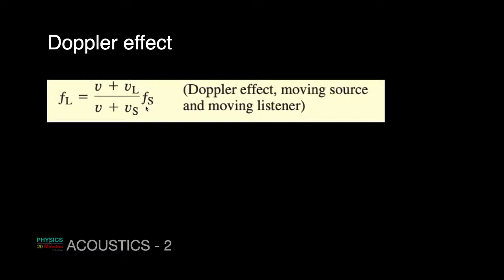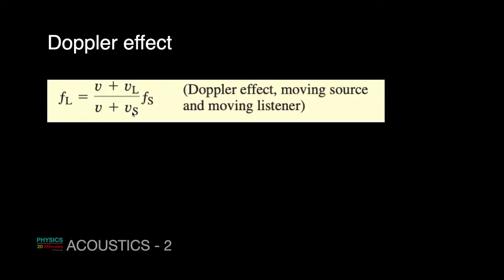So suppose I have a source which emits the frequency fs, and I have a listener which is moving with the velocity vl, and the source is also moving with the velocity vs. Then what the listener will hear is (v plus vl) upon (v plus vs) into fs, where v is the velocity of sound in the medium. So this is how the entire formula is based.